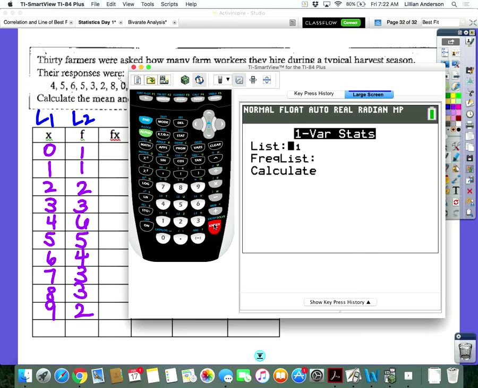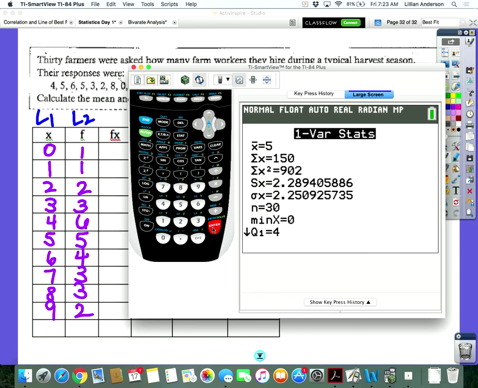So List basically represents your X values. All my X values were in L1. Frequency List stands for my frequency, okay? That F column, that L2 column, is going to be in my frequency list. So I'm going to press the second button, then the 2 button so that L2 shows up, and then I'm going to go to Calculate.